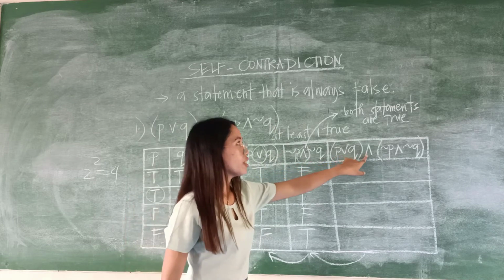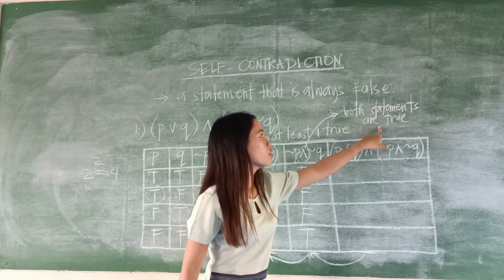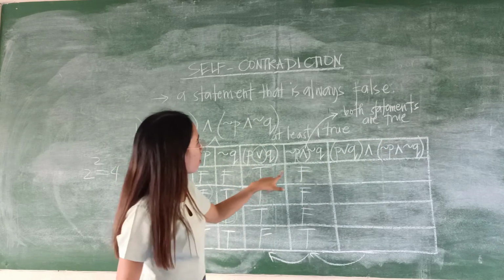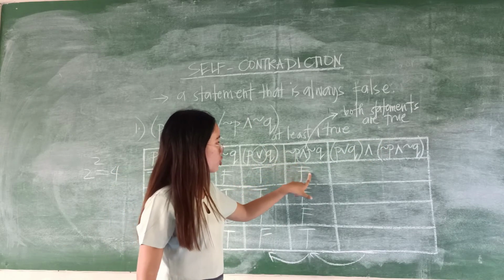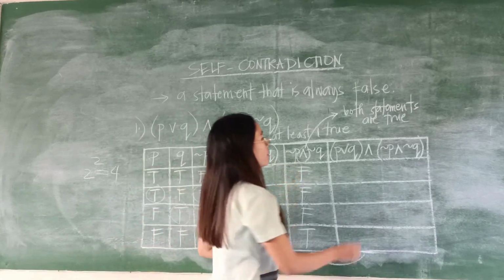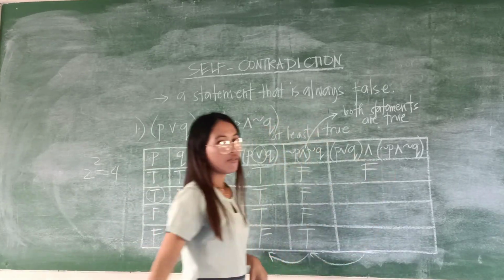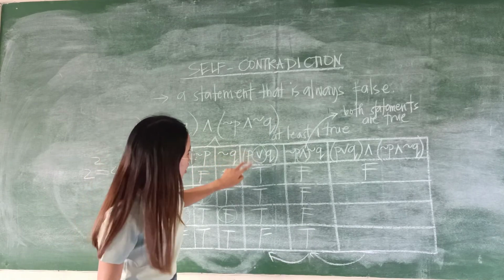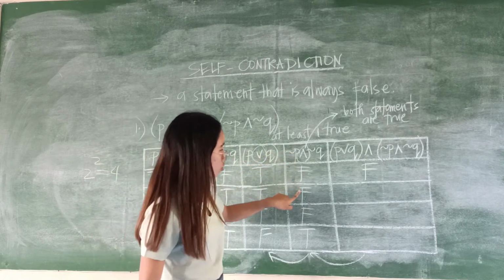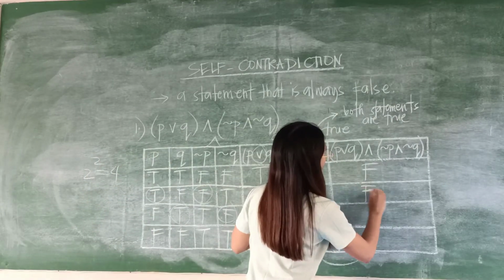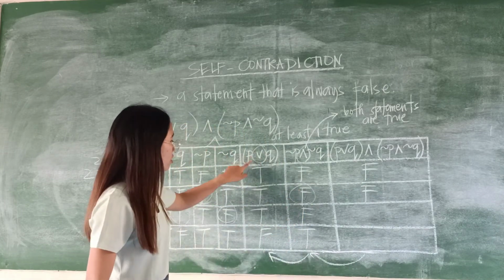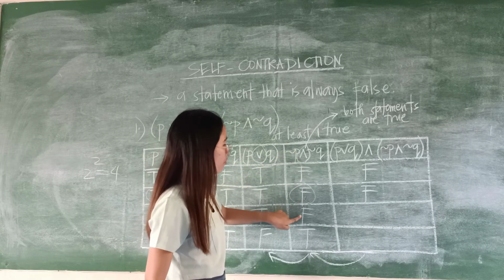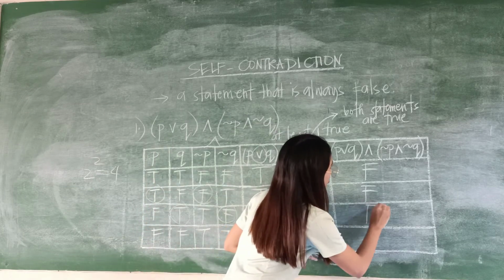Since we are using AND, both statements must be true, but in this column negation P and negation Q is false, then this is false. Then we have true and also false, that is also false because we have one false here. Then true, then false, so this is also false.